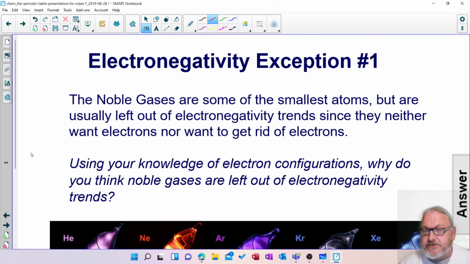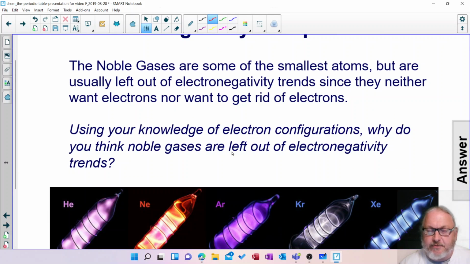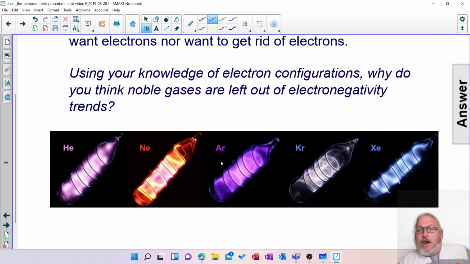Now we've got some exceptions. We've got our noble gases. Those are some of the smallest atoms because of the force keeping those valence electrons in. But for the most part, we leave them out of the electronegativity trend because they're full. They don't really want electrons, and they don't want to get rid of any because they're stable. Why do you think that is?